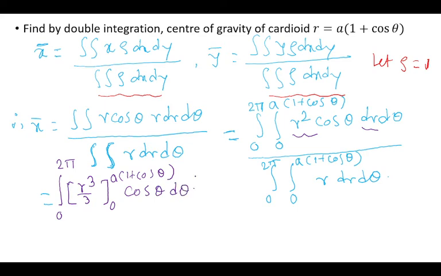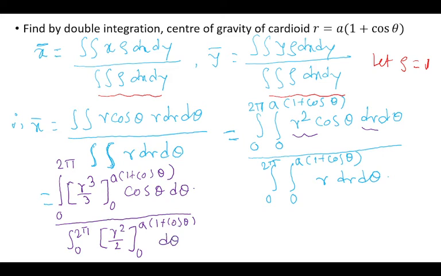That is the inner integration done. In the denominator, the inner integral gives r square by 2, 0 to a times 1 plus cos theta, and only d theta is left in the denominator.